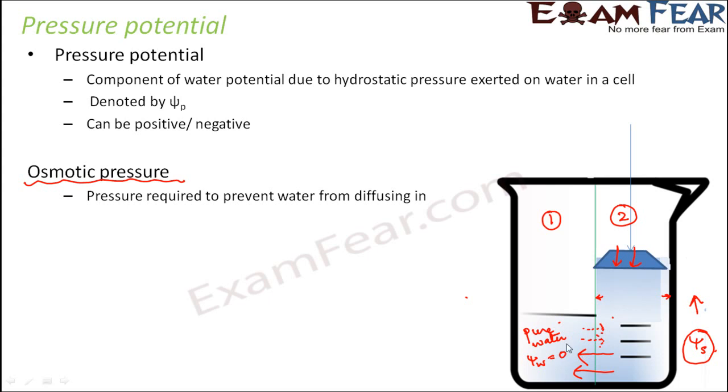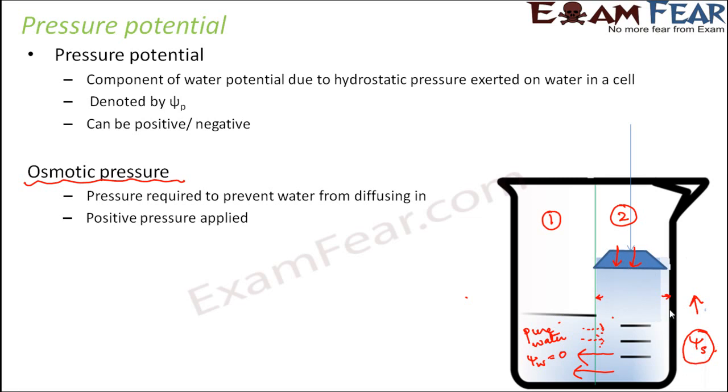Right? So that is osmotic pressure. It is a positive pressure which is applied because it increases the water potential. Due to addition of the solute, the water potential was reduced to psi s, that is a negative potential.